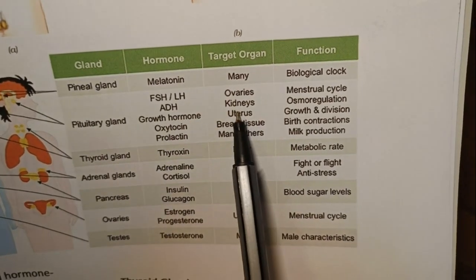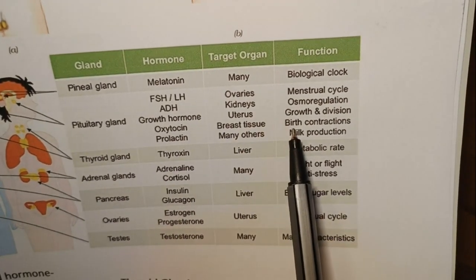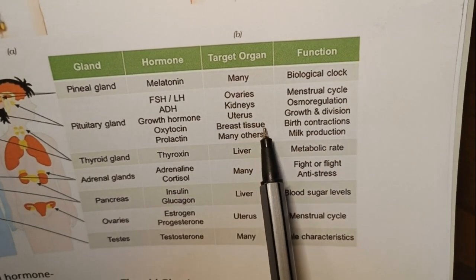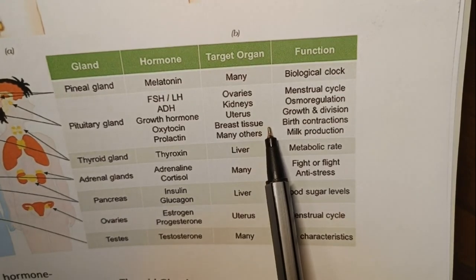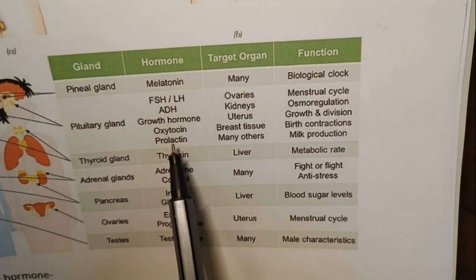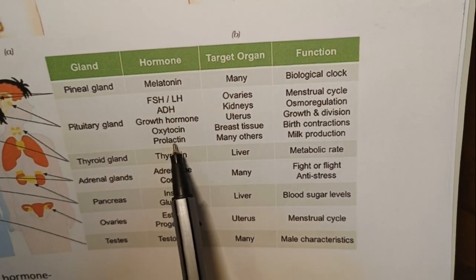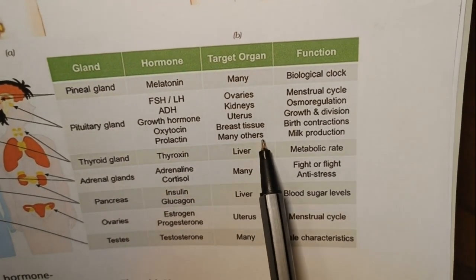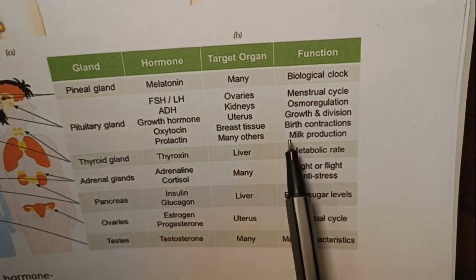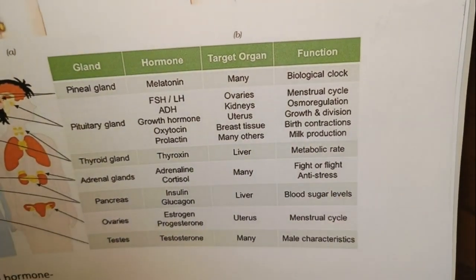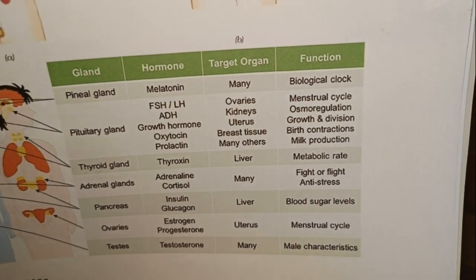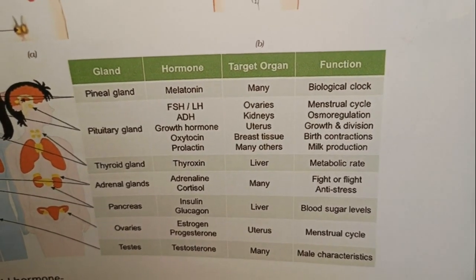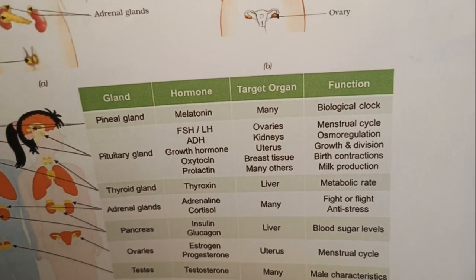It also works on the uterus and it is important in birth contractions as well as milk production. Okay. Prolactin is important in breast tissue and many other tissues and important in milk production. Okay. So you can see various hormones from the pituitary gland.